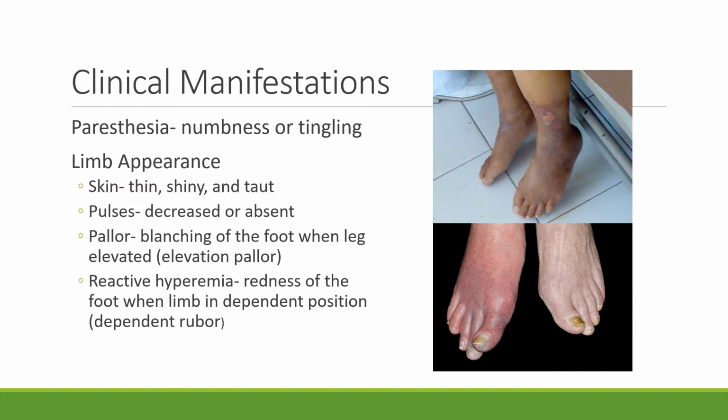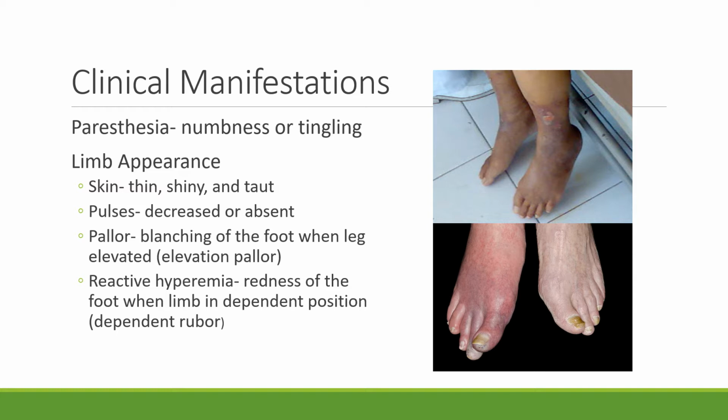The limb's appearance also changes: the skin may appear thin, shiny, and taut. Oftentimes the lower legs will lose their hair and the pulses can become decreased or possibly even absent.